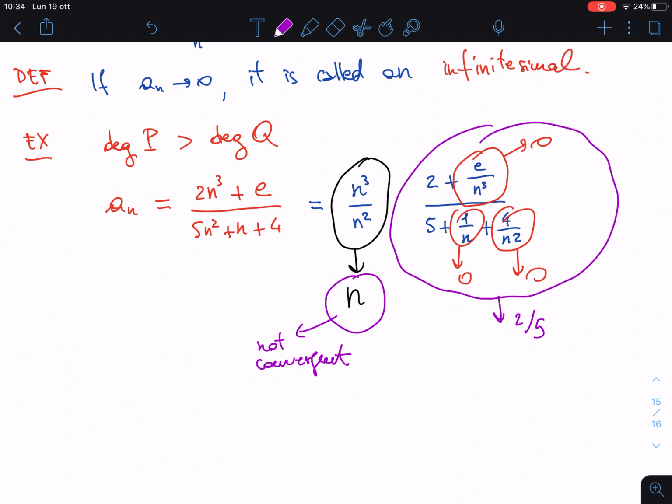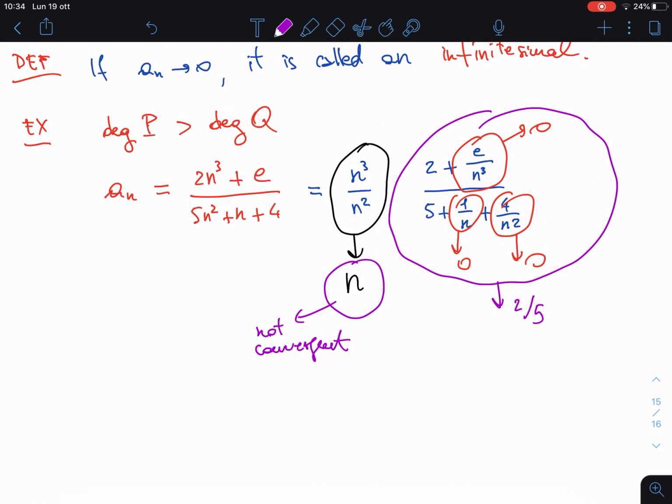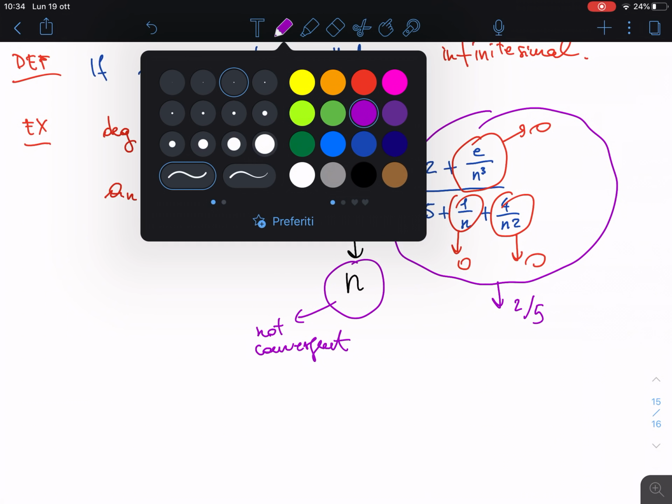And how can we prove that it's not convergent? It is quite obvious, but let us find that simple method, quite instructive. It is a remark.